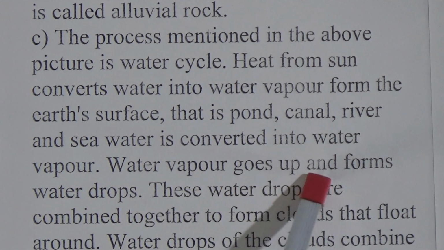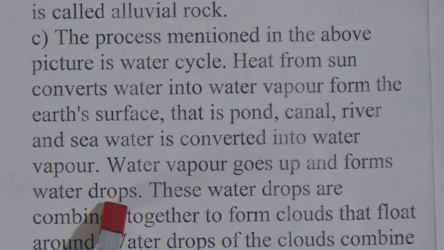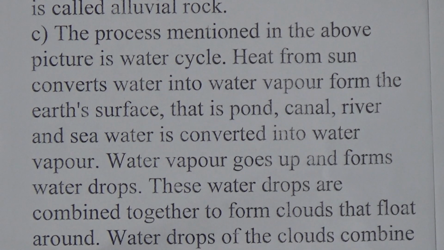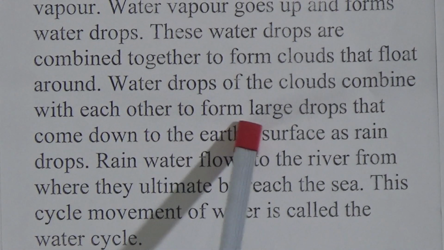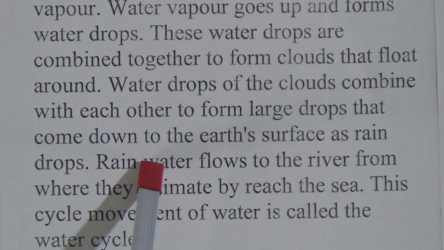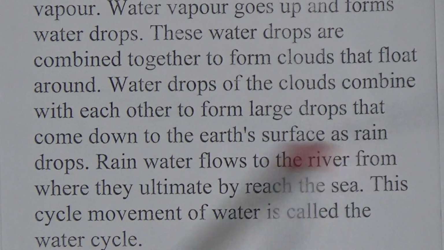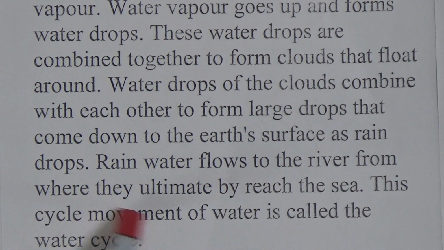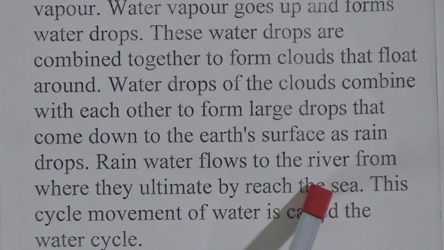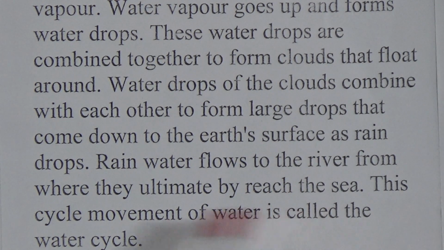Water vapor goes up and forms water drops. These water drops are combined together to form clouds that float around. Water drops of the clouds combine with each other to form large drops that come down to the earth's surface as raindrops. Rainwater flows to the river from where they ultimately reach the sea. This cyclic movement of water is called the water cycle.